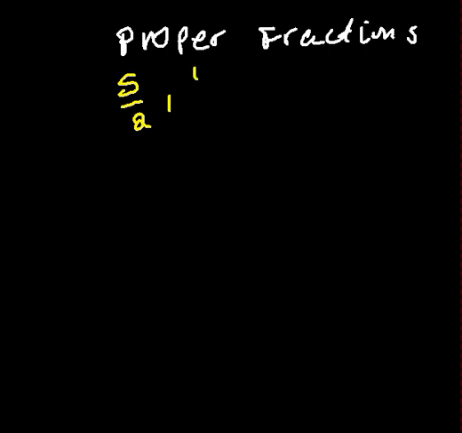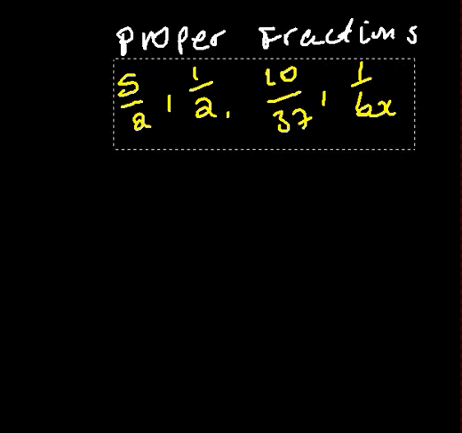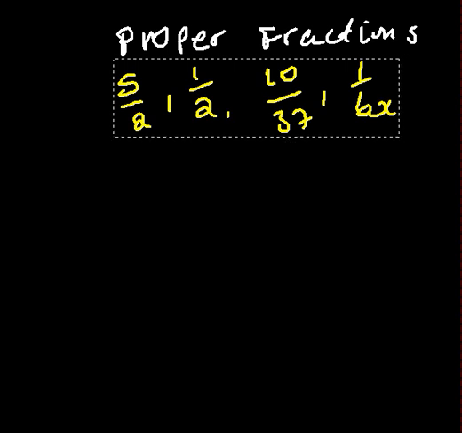We can have 1/2, that is a proper fraction. And 10 over 37, this is part of the proper fractions. And even 1/6x is also part of the proper fractions. Another name for the proper fraction is unmixed fractions.